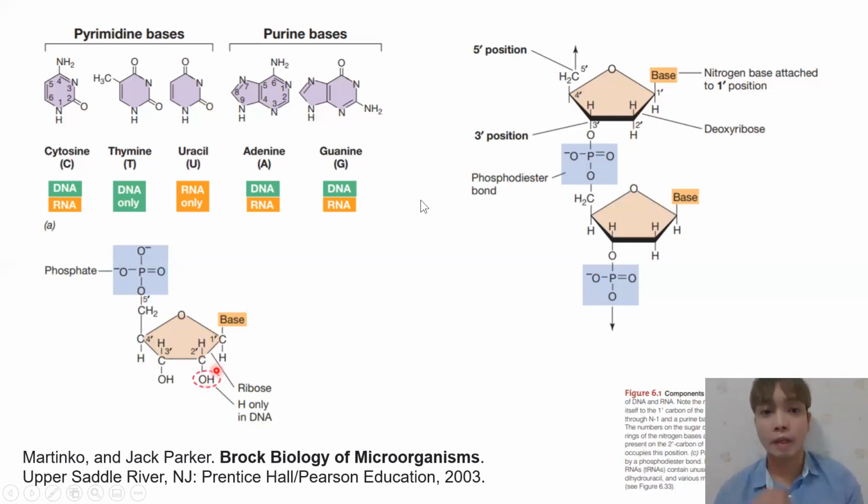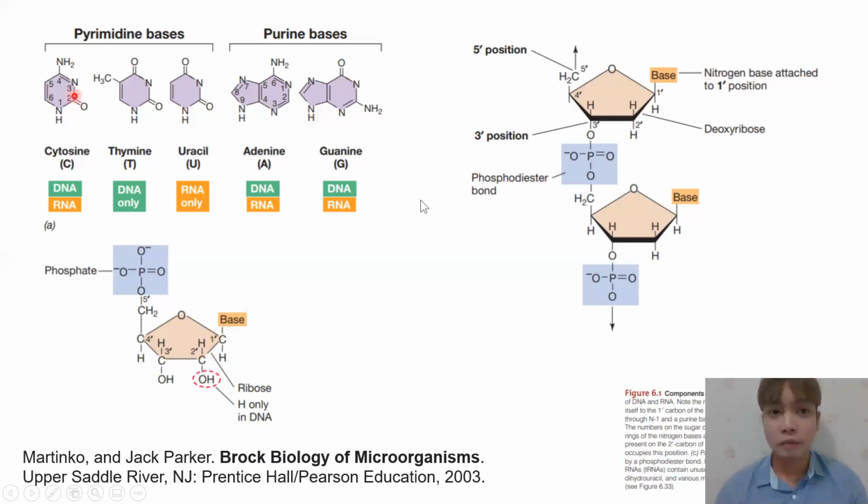Okay. So aside from the phosphate and sugar, we also have nitrogenous base. Okay, our nitrogenous bases. And we could classify nitrogenous bases according to their ring structure. So if there is only one ring structure, those are pyrimidine. And this is how we count it.